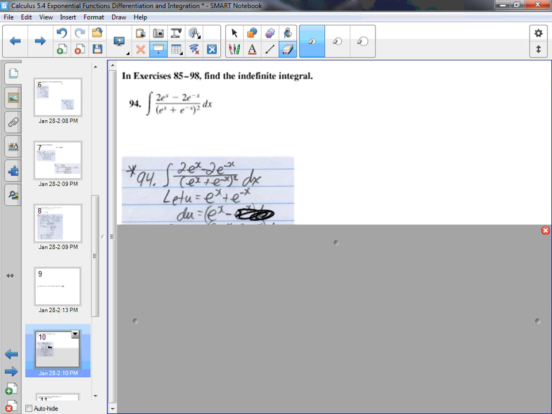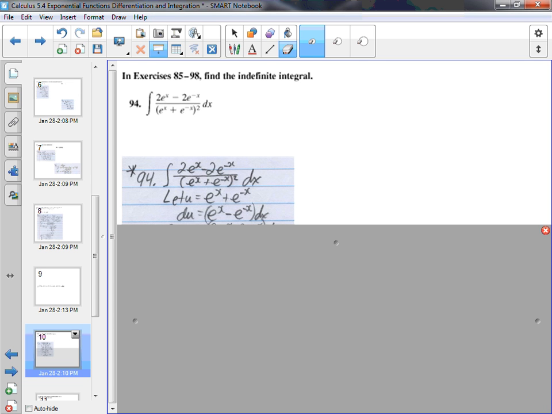The derivative of e to the negative x will be e to the negative x times the derivative of negative x. So it'll be e to the negative x times negative 1, or negative e to the negative x dx, which is exactly what we have in our numerator, so we're done with this part.